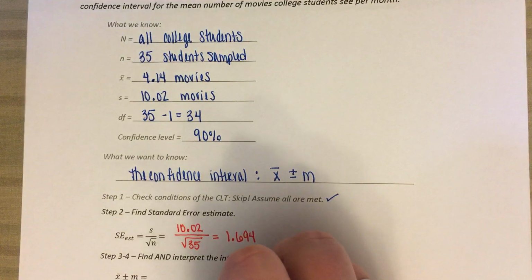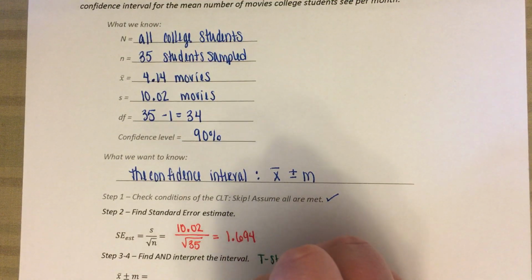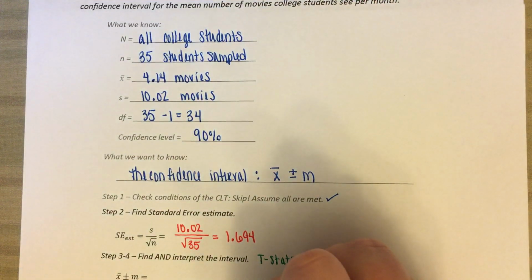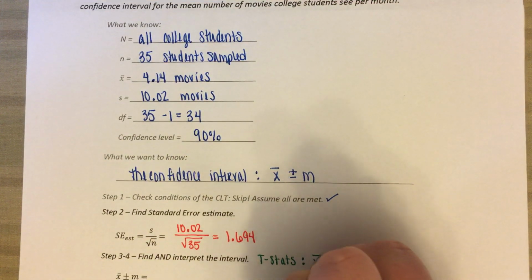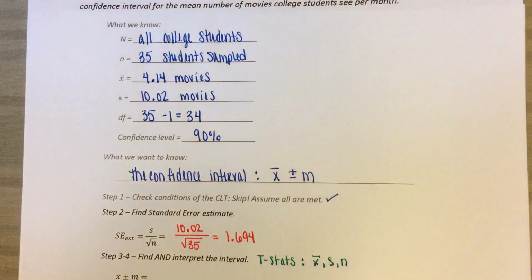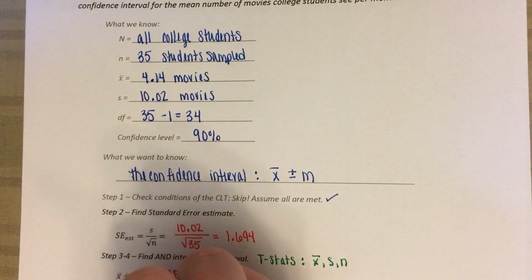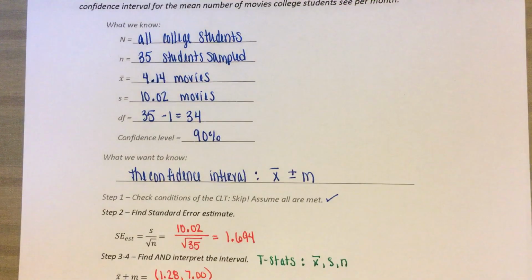We're going to go to T-stat. We're going to use the information from above, our x bar, our s, and our n. That's going to give us an interval of 1.28 to 7.00.